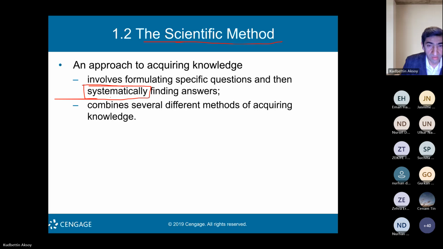In the other methods, you meet somebody from country X, then another person from country X, then another, 3 people, and then you draw a conclusion. It's not systematic. And it combines several different methods of acquiring knowledge.